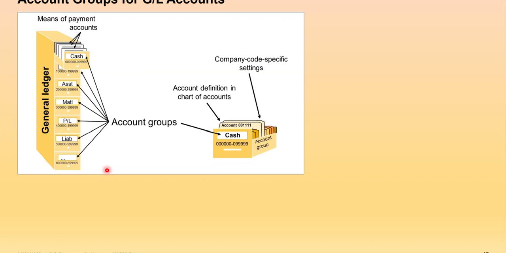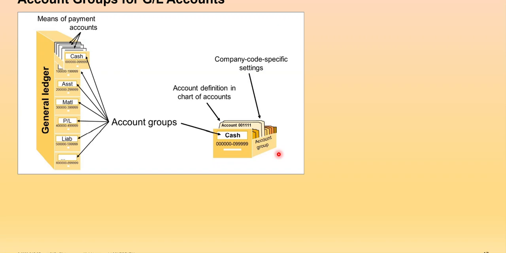The account groups are assigned number ranges. You can control which account numbers are permissible for cash accounts, expense accounts, and so on through the number ranges. Like here, as you can see here, for cash account group, you can have this number ranges.